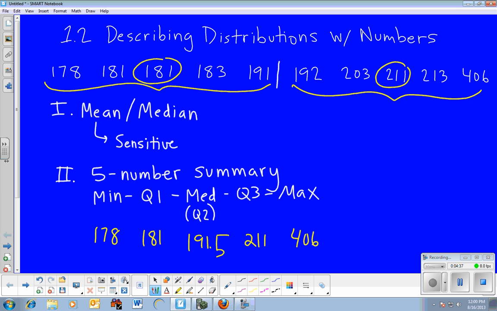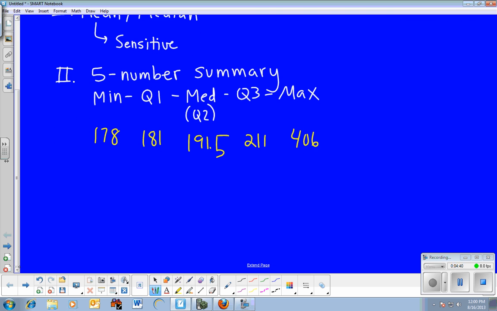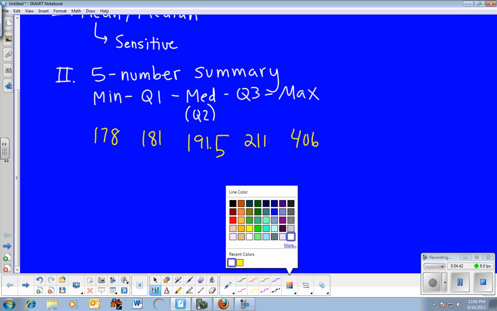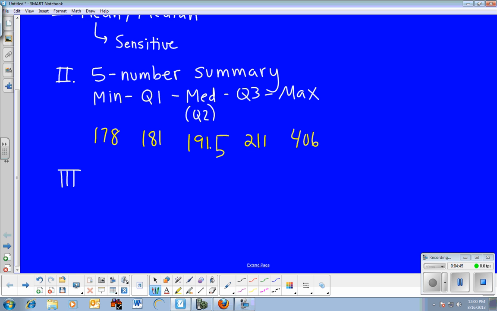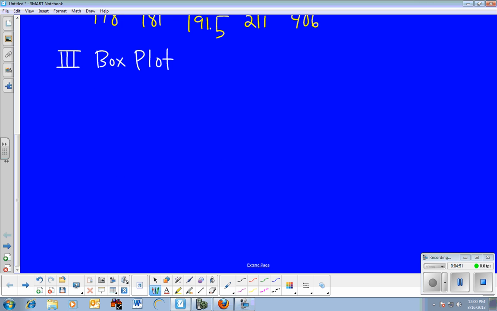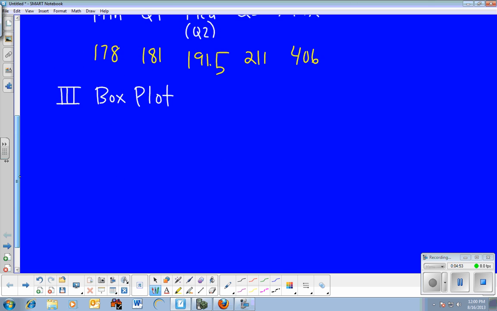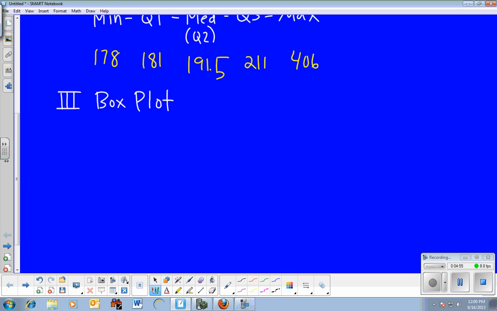All right, so that naturally leads us into our newest type of graph, which is a box plot. A box plot, sometimes called a box and whiskers, is a graph of the 5-number summary. So let's take a little number line and label it.